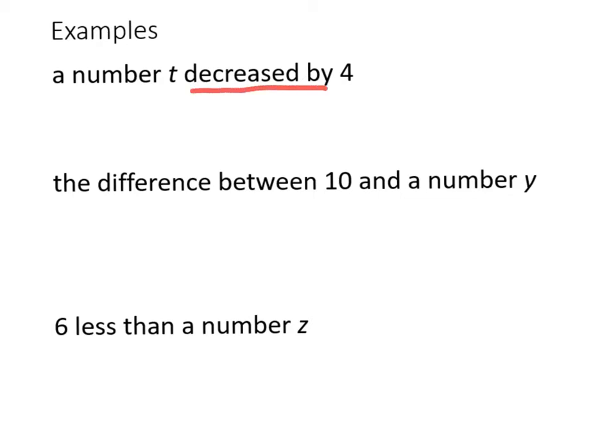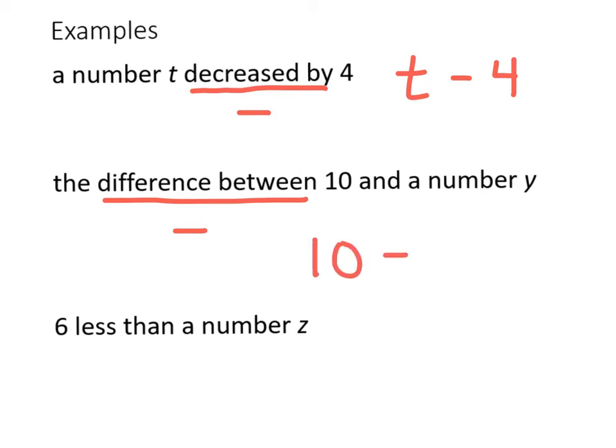Decreased by indicates the operation subtraction, so our expression would be t minus 4. The next example says the difference between 10 and a number y. The term difference between indicates subtraction, so our algebraic expression would be 10 minus y.